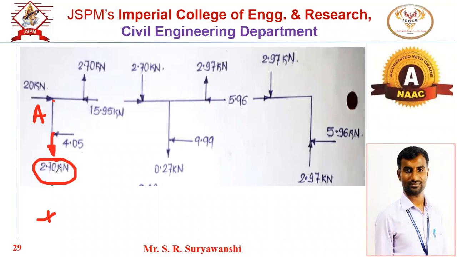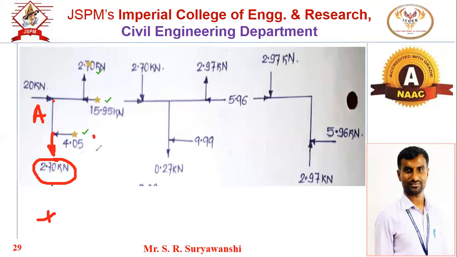Downward 2.7. And what else do we have to find out? Here we have to find the first horizontal force and the second horizontal force. These are the forces we have to find, first, second, third. Three forces to find, two are horizontal, one is vertical.